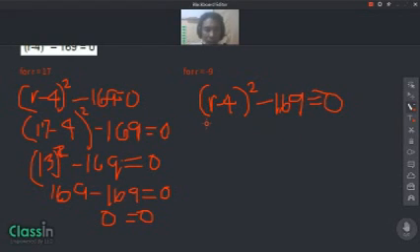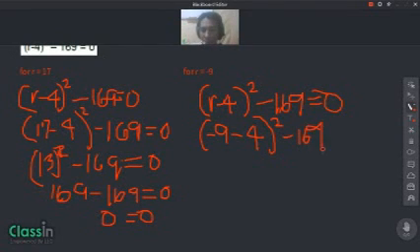Then negative 9 minus 4 quantity squared minus 169 was 0.